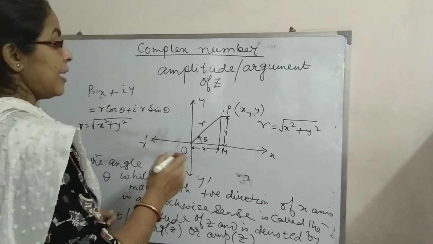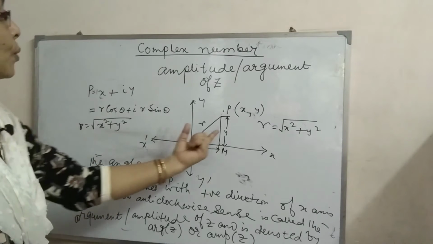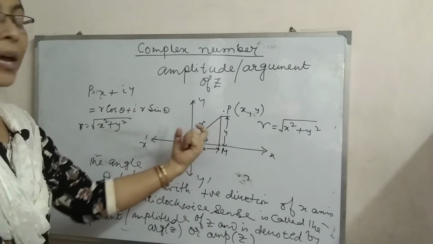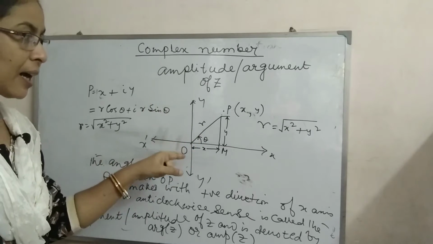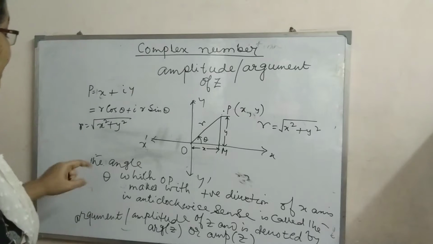The distance between O and P is denoted by r, and this r equal to root over x square plus y square.